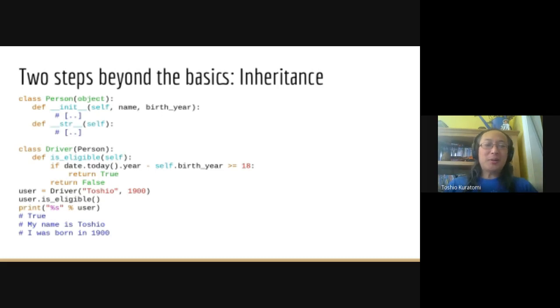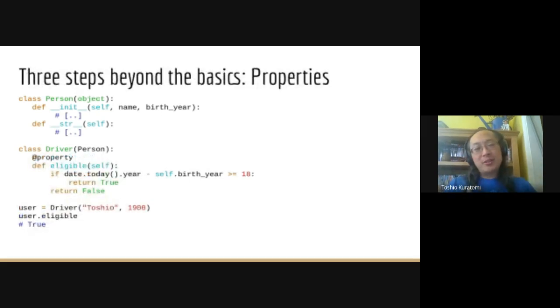But the only problem is, what if this program that I use Driver in runs for a long time and the year changes over, it's run for 2 years. All of a sudden, that value that I calculated once at the very first time I created Driver, it would be wrong. So by using a property, you can get it to look like an attribute, but it'll be calculated dynamically when the attribute is used.